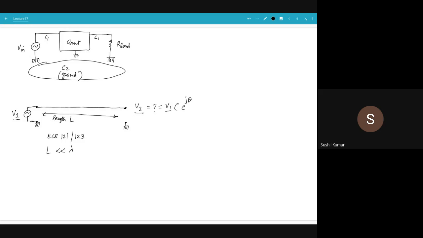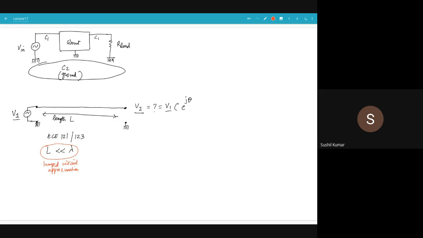This thing is called lumped circuit approximation. Have you heard of this before? Lumped circuit approximation.